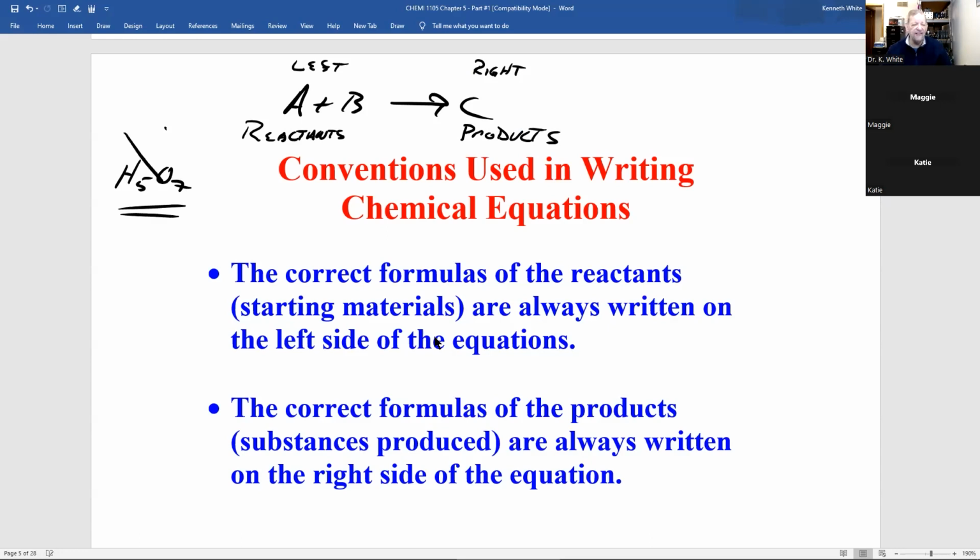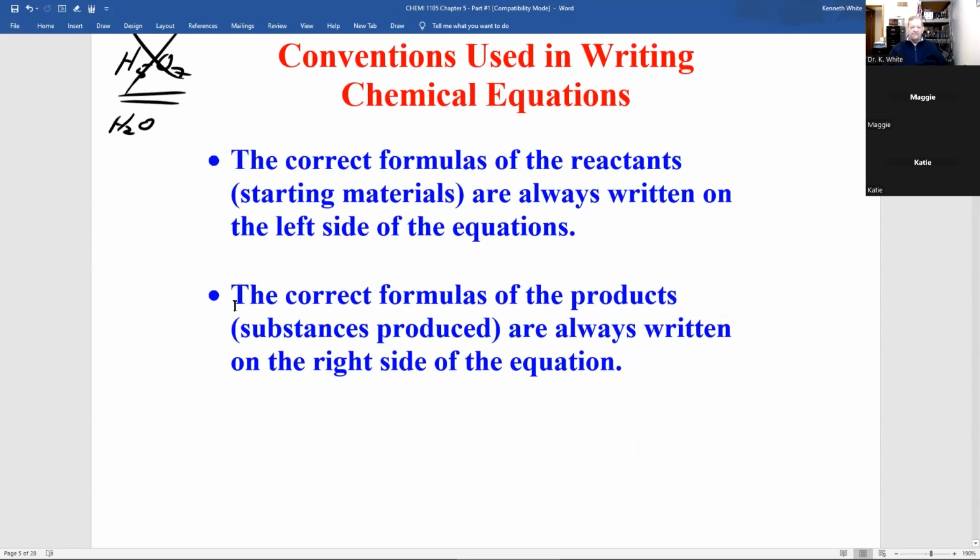That's not the right chemical formula for water. It's H2O if A were water. So that's what we mean by the correct formulas. I'll teach you later on, students like to change things to have the incorrect formulas. And guess what? I mark it wrong because it is.